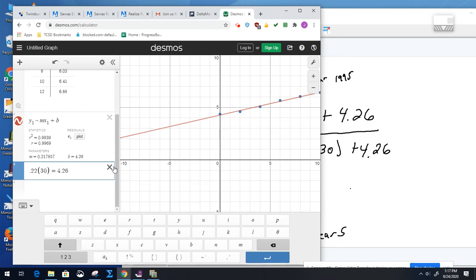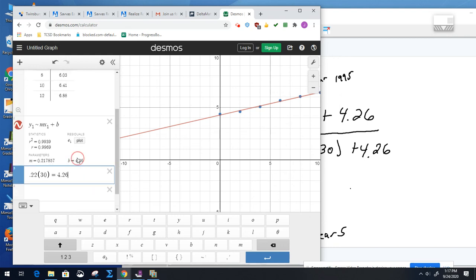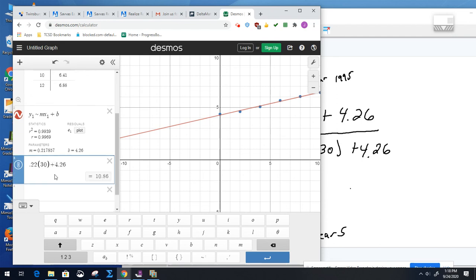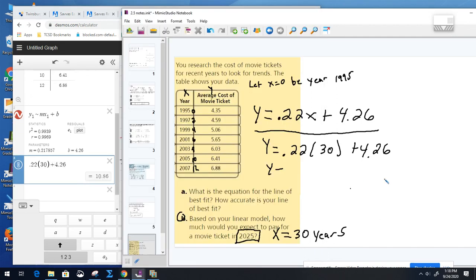So plus, and it gives me $10.86. So to answer B, again, plugging it into Desmos, after 30 years, it would cost on average $10.86 for a movie ticket.